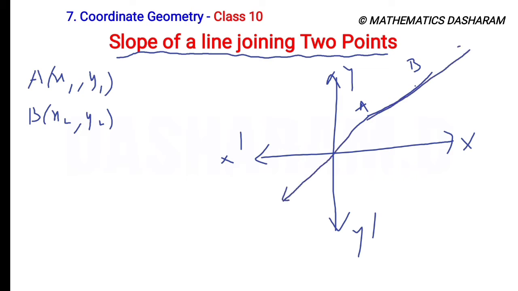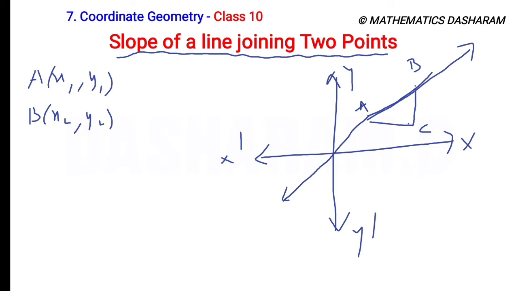Now we need to make a triangle. To get the triangle, let's take one point C. Then B to C and A to C, one triangle is formed.